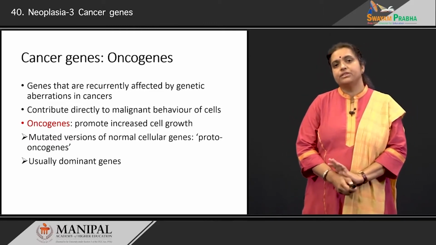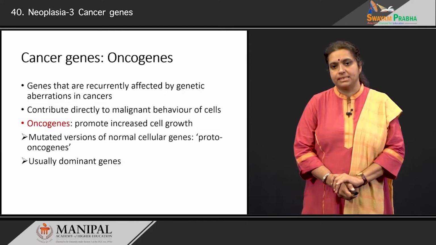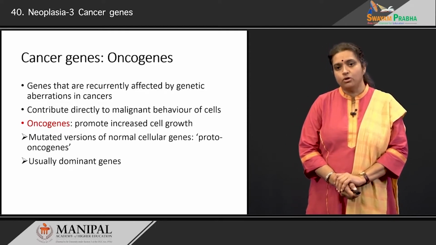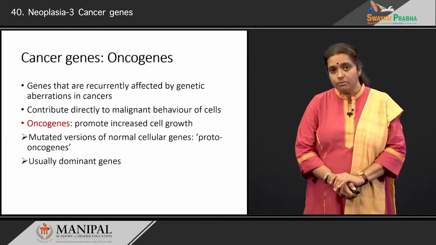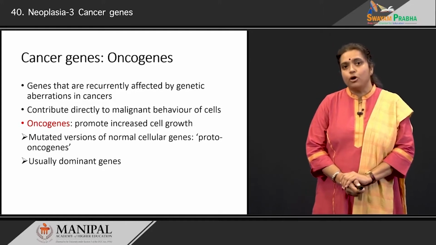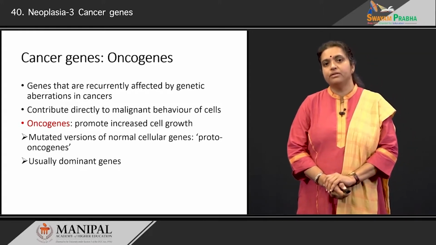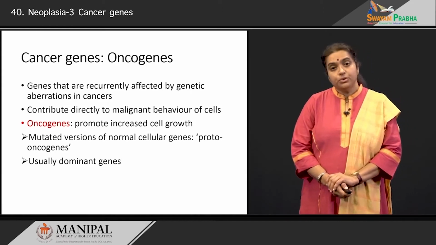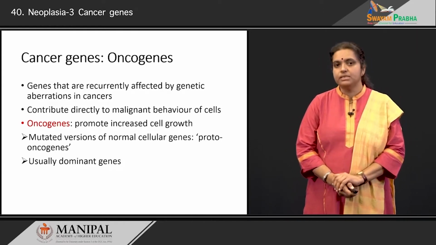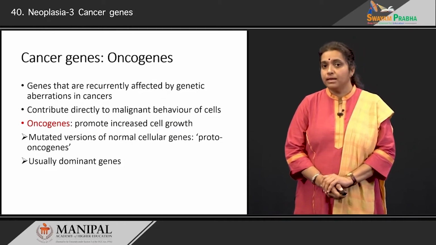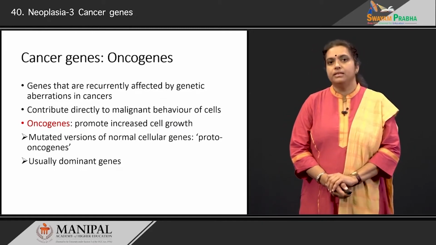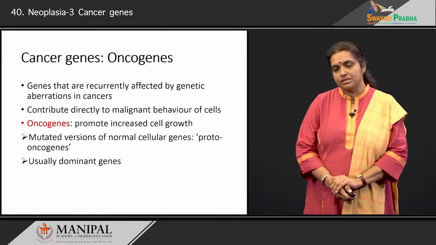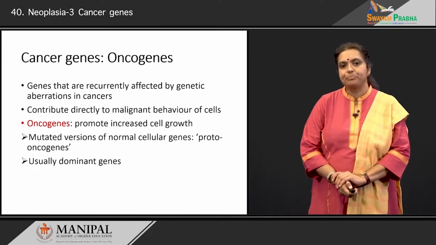There is a set of genes normally present in cells, known as proto-oncogenes, which have certain normal functions, and these are altered during the formation of cancer, and they become oncogenes. Usually these are dominant genes, which means even if a single allele is inherited, the cell can transform into a malignant cell.